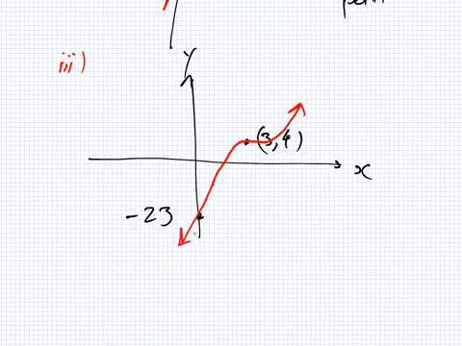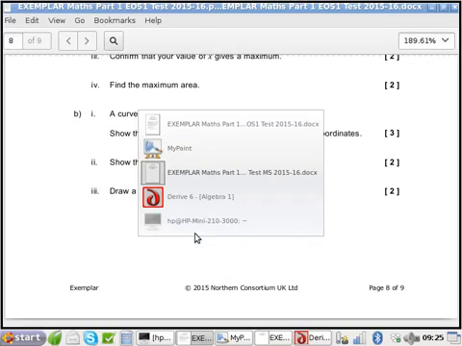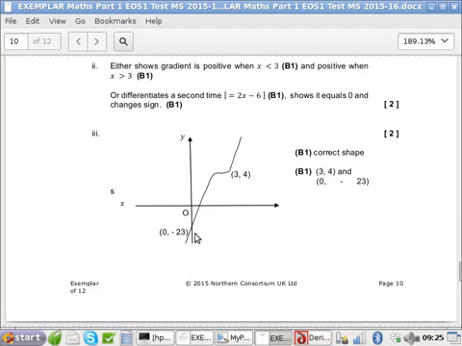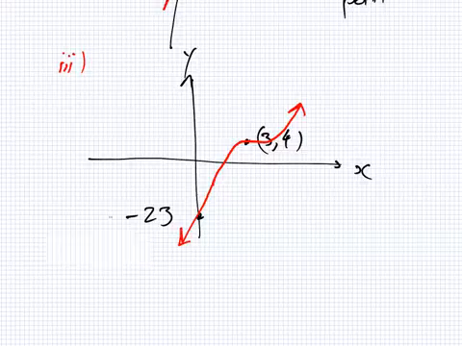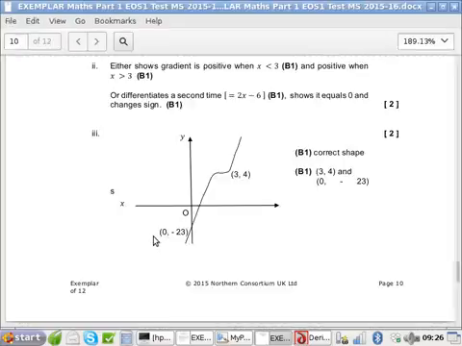And if you compare it with what they have in the marking scheme, oh, well, I should really put in a point down here. So although my graph is ugly, you can see that it's exactly what they have in the marking scheme.